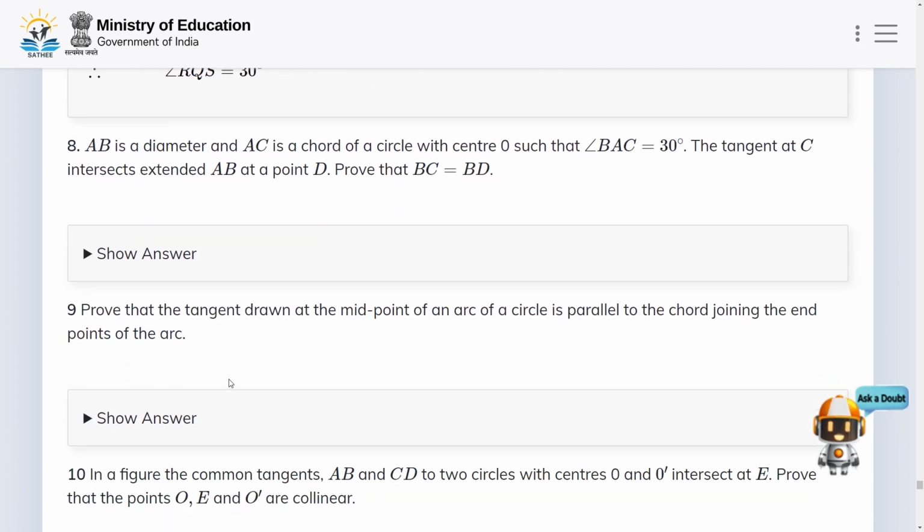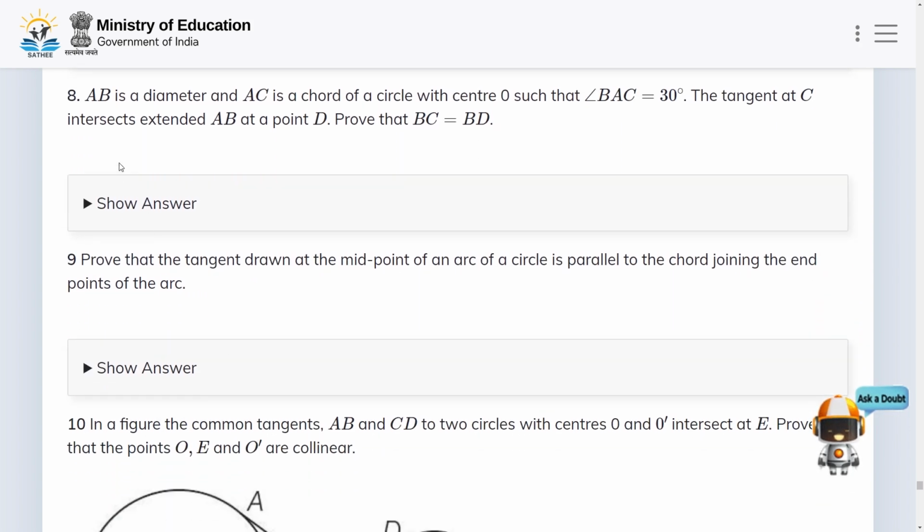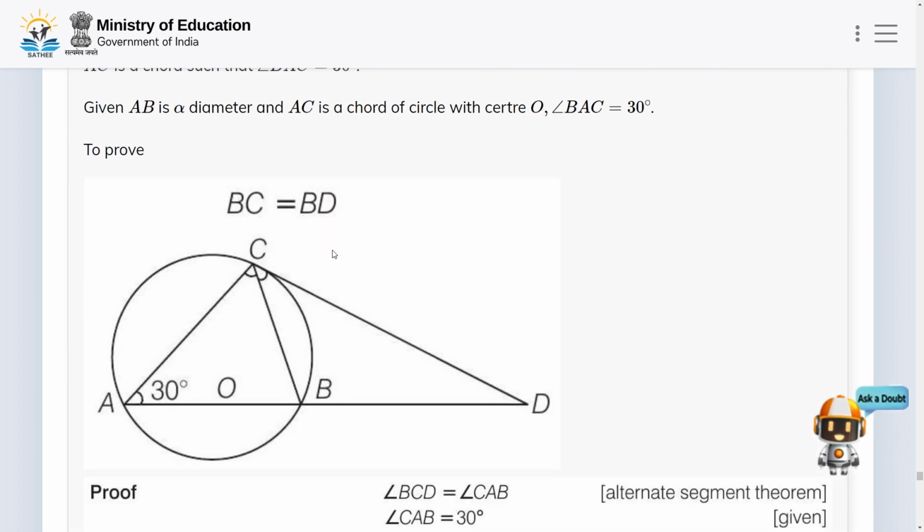Now let us move to the next problem. In the next problem, we have: if AB is a diameter and AC is a chord of a circle with center O such that angle BAC is 30 degrees, the tangent at C intersects extended AB at a point D, then prove that BC is equal to BD. Okay, so this is the figure.